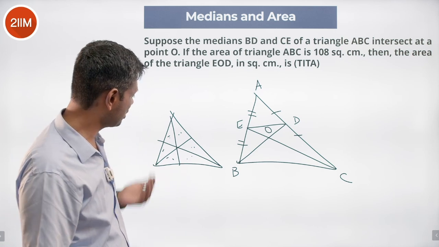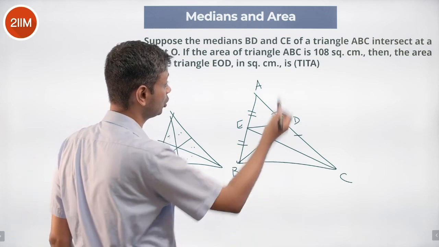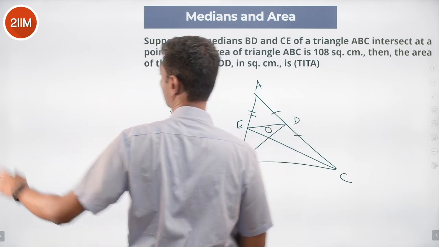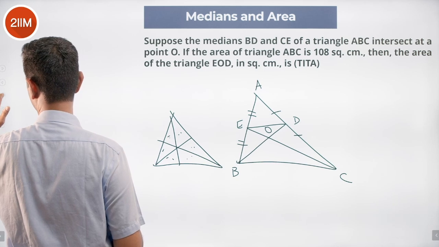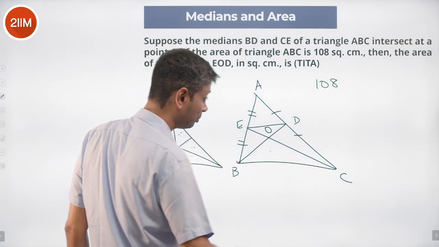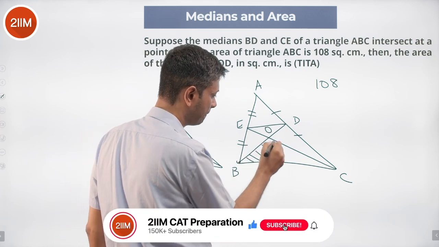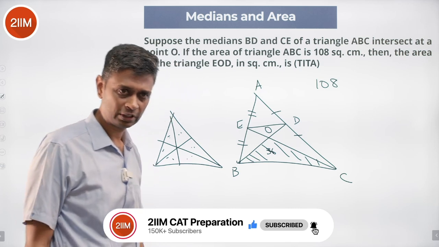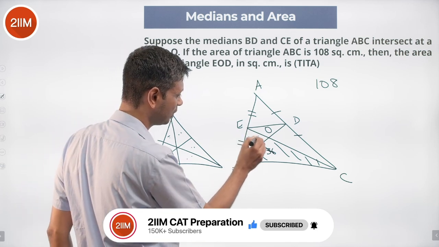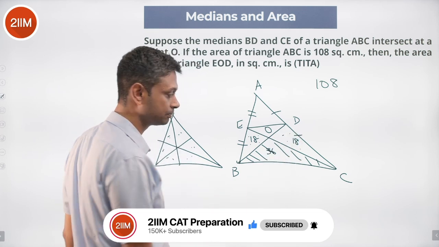The 3 medians break the triangle into 6 parts of equal area. And so the total area is 108. So this will be 1/3 of that, 36. This is BOC. Right? And this one will be half of that, 18. This one will be half of that, 18.